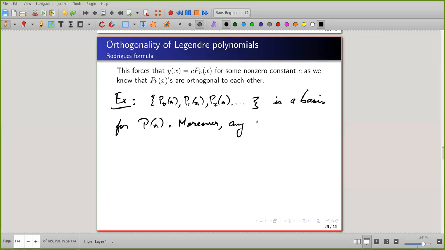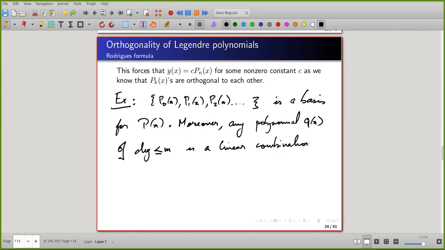Any polynomial, let's say q of x, of degree less than or equal to m can be written as a linear combination of p0, p1 up to pm of x.